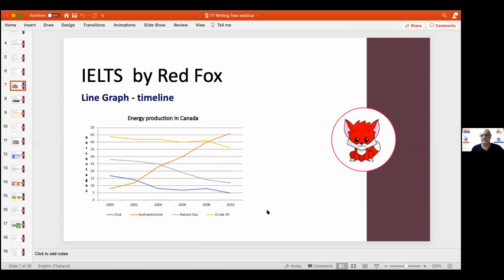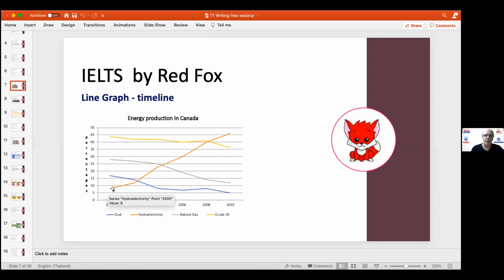If we look at this, a key feature here is the increase in hydroelectricity. Now, if we look at the individual increases between 2000 and 2002, 2002 and 2004, these are not individually important. The key point is the fact that it's a very quick and very large continuous increase.